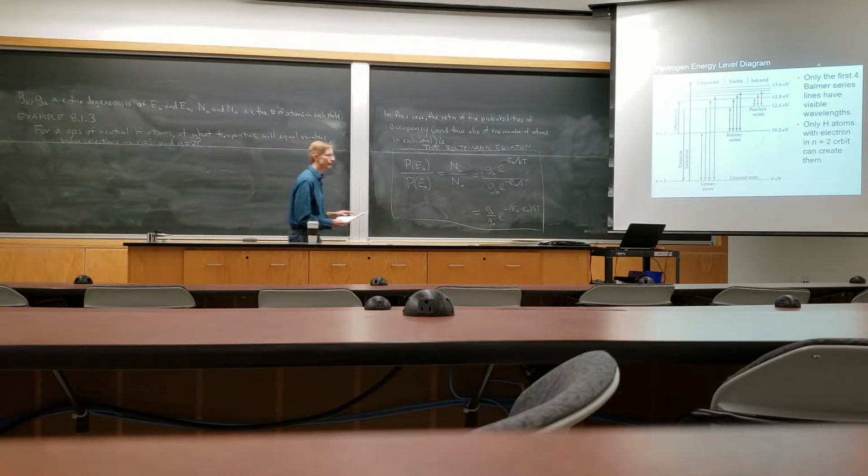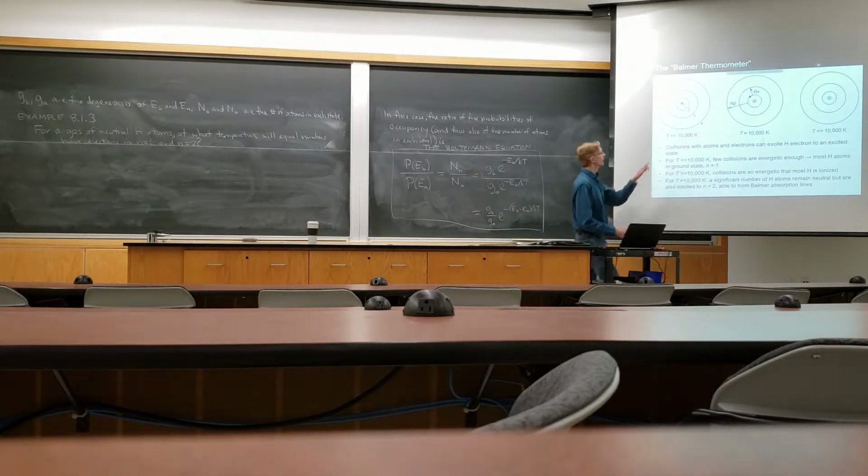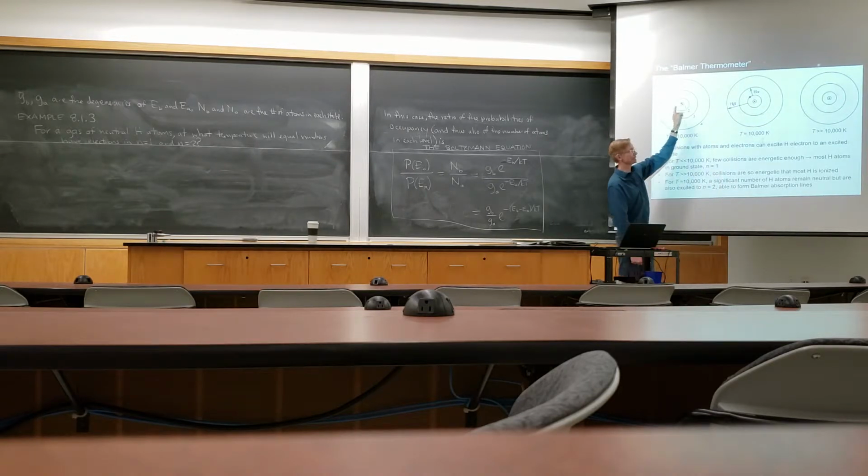So in other words, if we go back to Goldilocks and the 3 stars, we want the condition where these two populations are equal to one another. There's just as many with the electrons sitting at n equals 2 as in n equals 1.